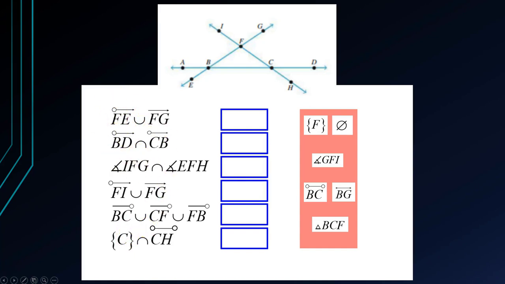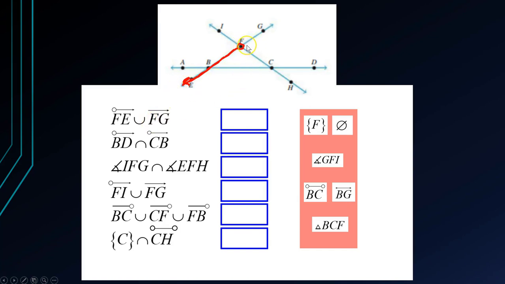So for this first one, you have the open-ended ray FE and ray FG. So I'm going to have those show up here. The open-ended ray FE would be everything, from F in the direction of E and going on forever, with F excluded.